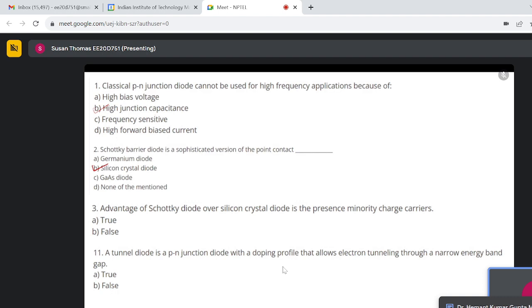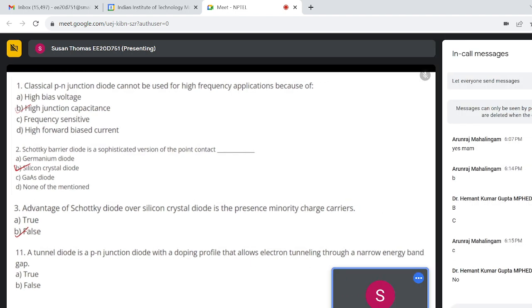No, there are no minority charge carriers. So to answer this question, it is not the advantage. It is a false statement. Then what is the advantage of a Schottky diode? Any guesses? What is the advantage of a Schottky diode?